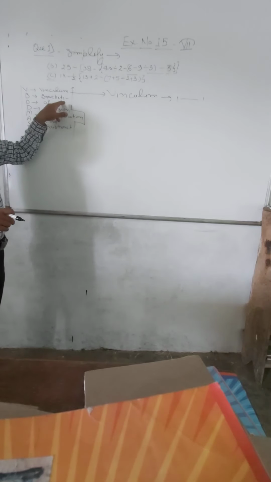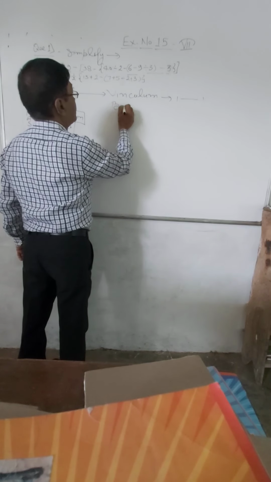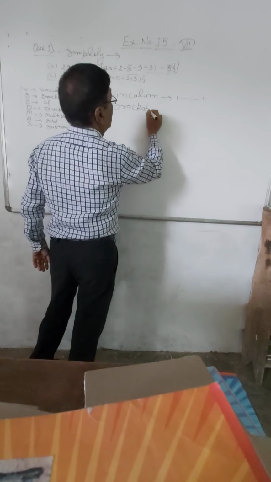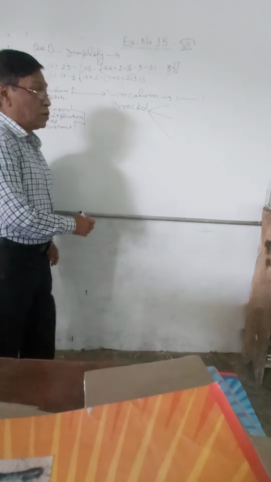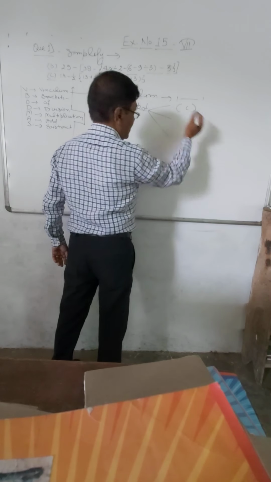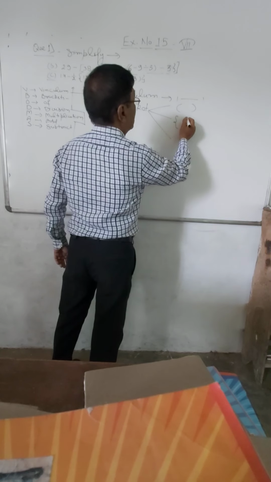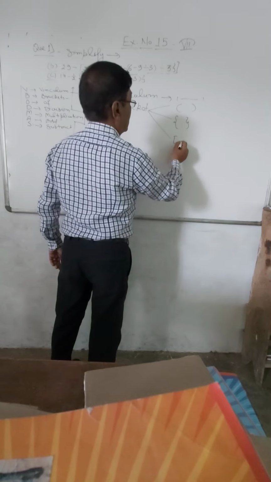Brackets. In brackets, there are three types of brackets. One is represented in this way, second this way, third this way.